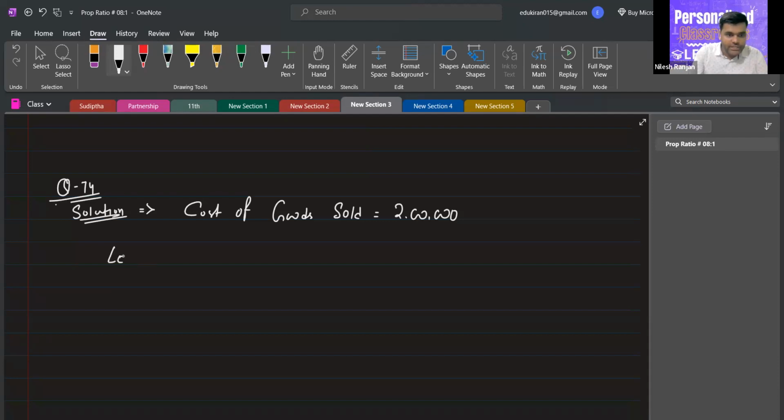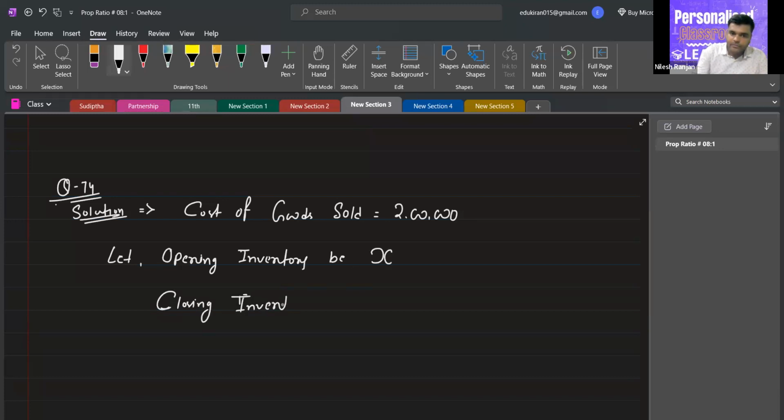Okay, so let opening inventory be X. Our closing inventory is 1.5 times of opening inventory, so we will get X into 1.5, that is 1.5X.